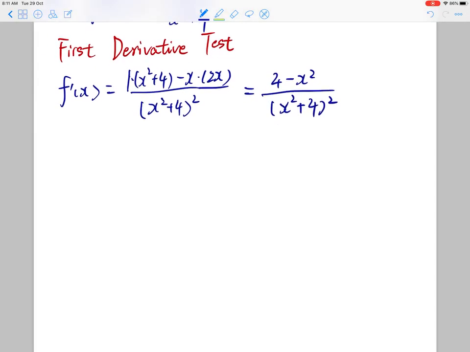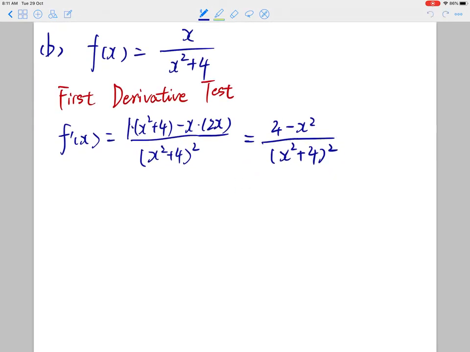Now, this denominator is not going to be 0, because it is greater or equal to 4, and is always positive. So when f prime x equals 0, which just means the numerator equals 0, because your denominator is always greater than 0. So your x is positive or negative 2.